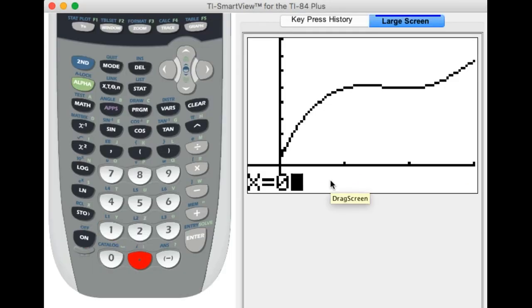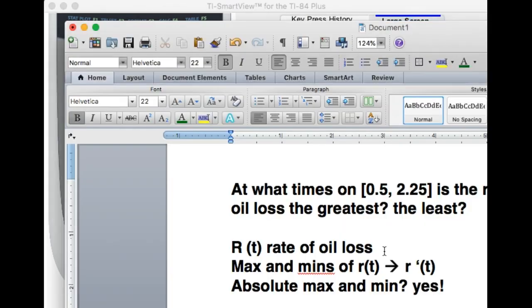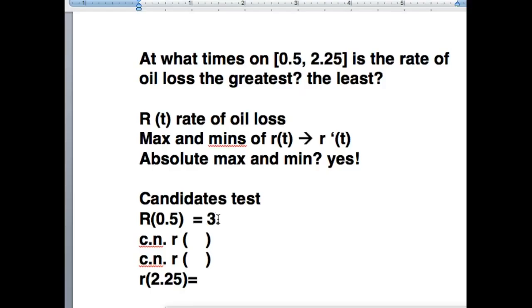So I'm going to hit 0.5, enter, and I get a y value of 3.66981. So I'm going to go ahead and write that on my paper. So I have that 3.669, and I think that's milliliters per second.